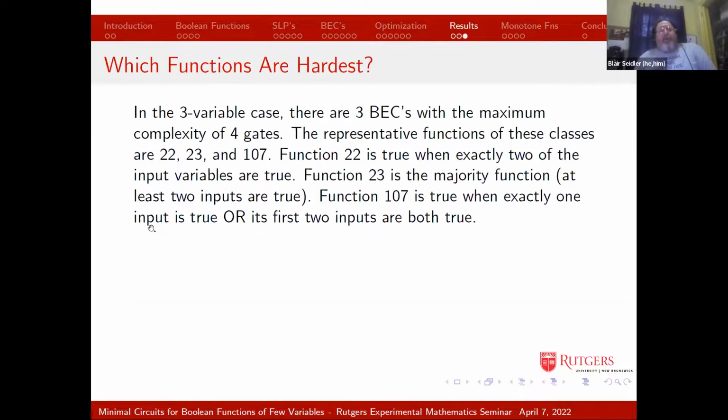Okay, so which functions are the hardest? This is one of the questions that I was hoping to get to when I started this. There are only 3 big equivalence classes on 3 variables that have the maximum complexity. One of them is the exactly-two function. One of them is the majority function, which always seems to be a pain to compute. And 107 is this weird function that's exactly one input, or specifically x1 and x2 but not x3.